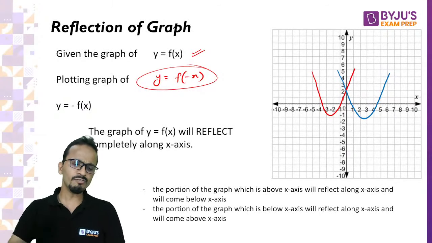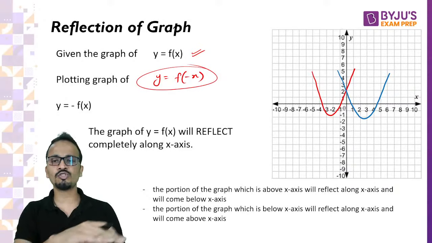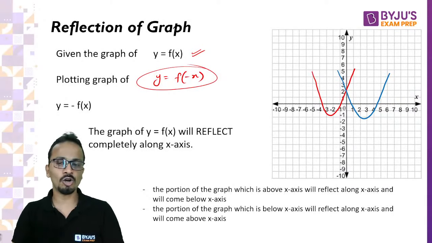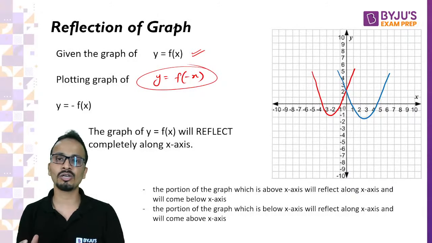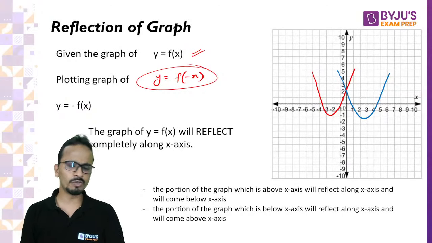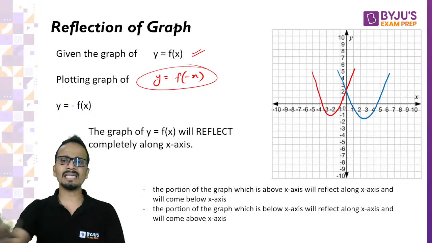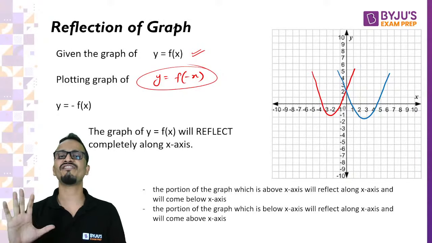Okay, Vicky, water image, mirror image, theek hai. So you call it water image when you have reflection along horizontal axis. You call it mirror image when you have reflection along vertical axis. That's absolutely fine. Yes, so more precisely, it will be a water image earlier, and this one we call a mirror image. But I'm using the simple word reflection.